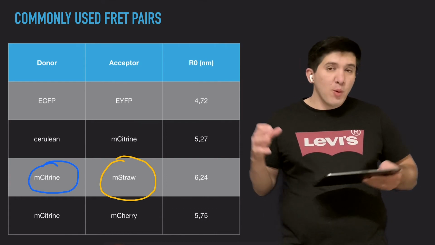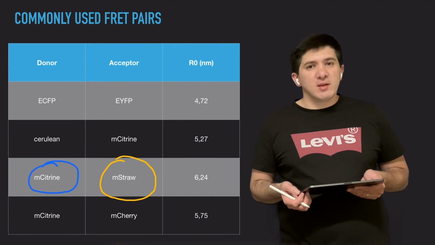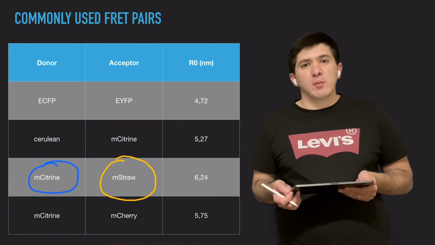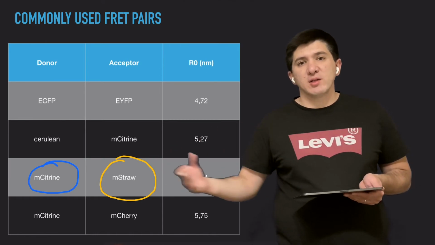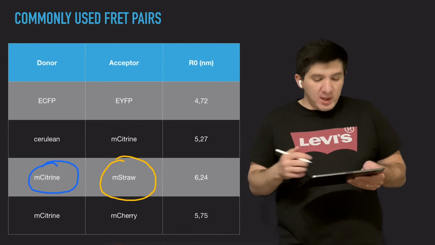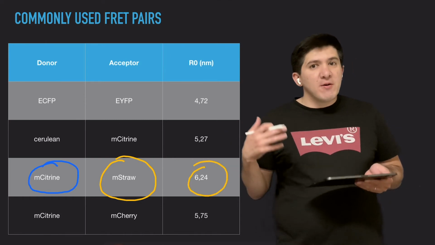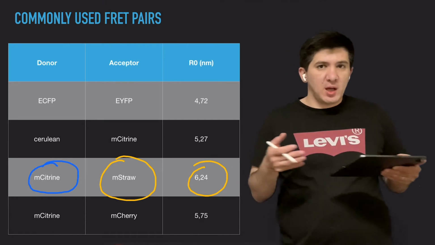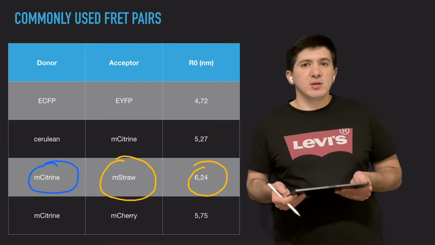Essentially, when they are really close to each other, where the distance between them is equal to 0, then the efficiency of the FRET is equal to 100%. So in your sample, all of your donors are going to transmit the energy to the acceptor. And as you increase the distance between them until 6.24 nanometers, 50% of the donors are going to transmit the energy to the acceptor.